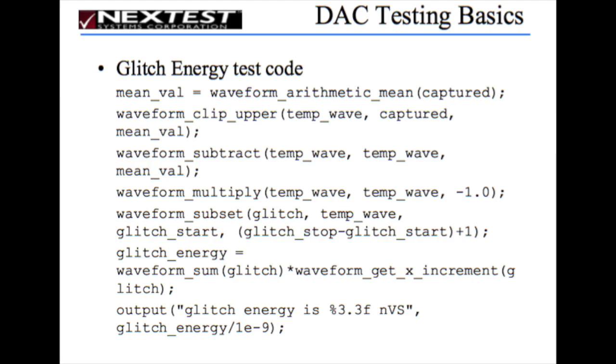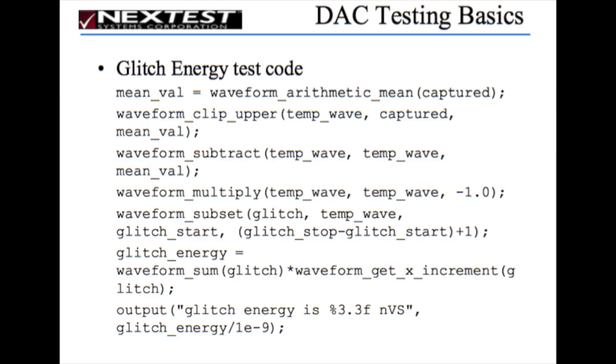Waveform multiply it by -1. Waveform subset glitch, temp wave, glitch start, glitch stop minus glitch start plus 1. Glitch energy equals waveform sum glitch times waveform get increment glitch.